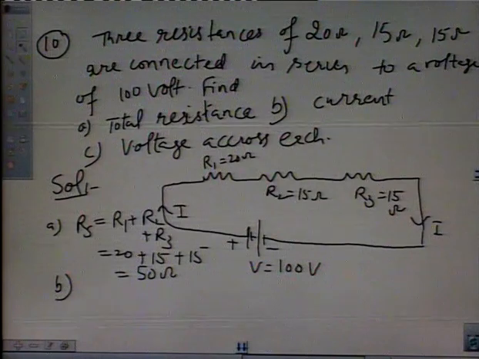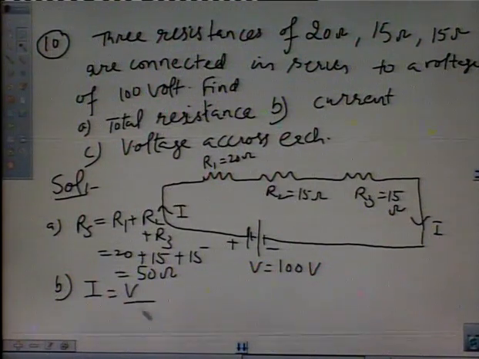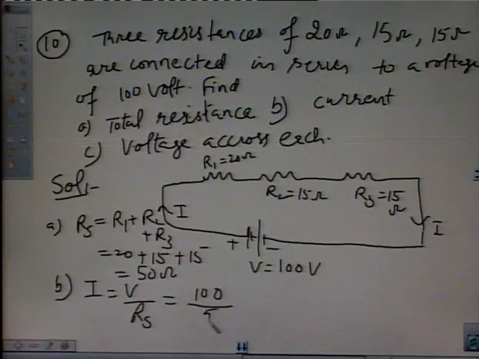Now we have to find the current I. The current I is equal to voltage upon total resistance Rs. This is from Ohm's law. Now the voltage is 100 volt and the total resistance is 50. So the current comes out to be equal to 2 ampere. So this is the value of current.